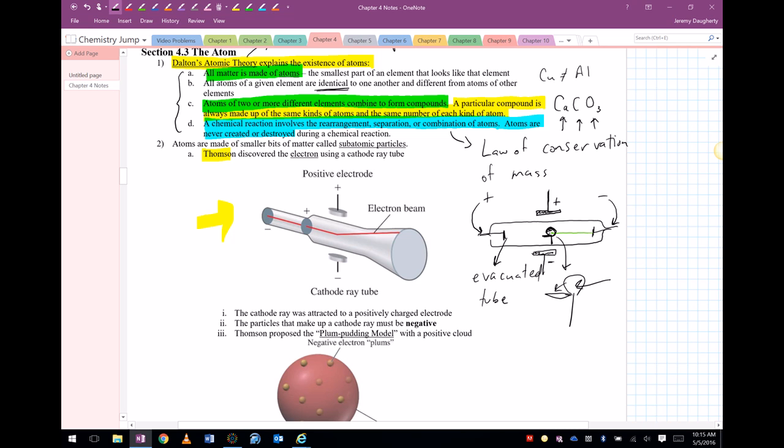And he also had a spinning wheel in there, like a paddle wheel for a steamboat. He put that on rails, and he found that again this light would cause it to move. And light doesn't do that. Light doesn't cause things to move like that. So that's how he came up with the idea that this has to be a particle. Now, he named that particle the electron.